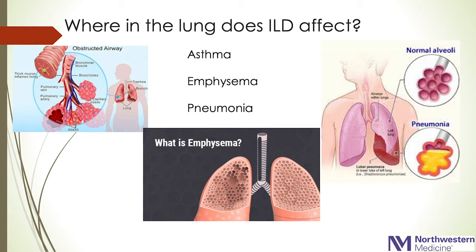It is associated with hypertrophy or thickening of the mucosal wall and hypersecretion of phlegm. Then in emphysema, there's actually a destruction of those air sacs or alveoli. And in pneumonia, those air sacs or alveoli fill with fluid related to bacterial infection, so more or less they fill with pus. So where does the scleroderma interstitial lung disease occur?